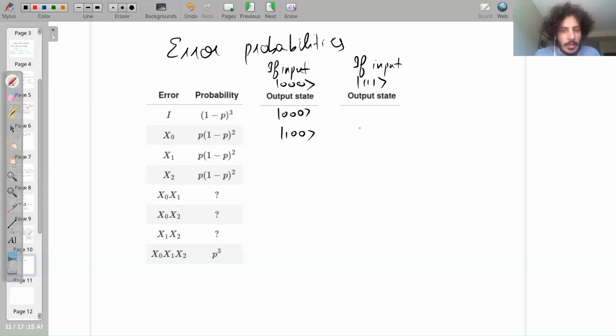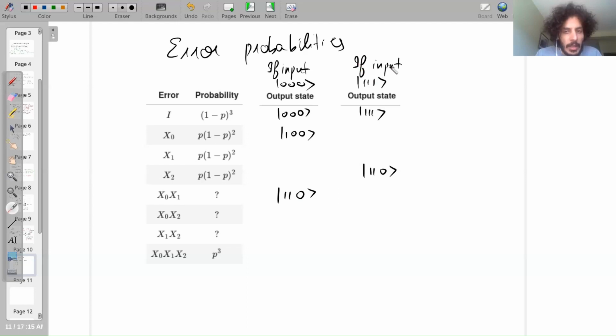Then let's think about this guy. This is 1, 1, 0, right? And think about this guy. This is 1, 1, 0, right? I just want to compare: if my input is 0, 0, 0 and I get a 2-qubit error on the first two, obviously the output of the channel will be 1, 1, 0.